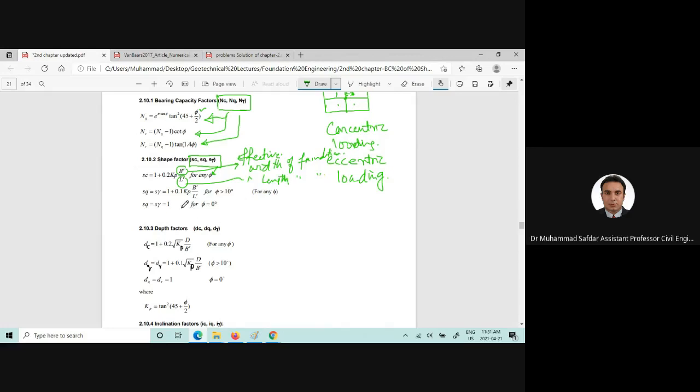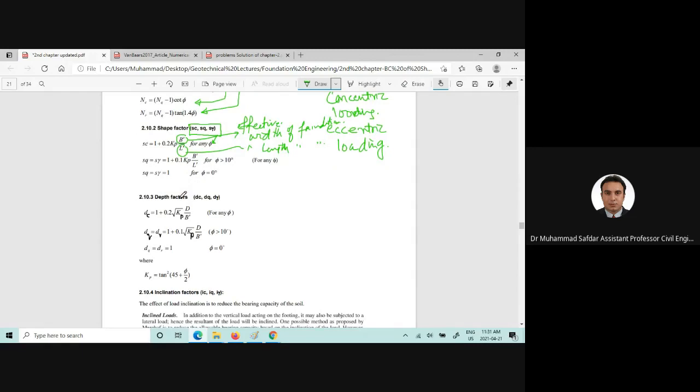Okay. Now Kp is the lateral earth pressure coefficient in passive condition, and you can find out the Kp using tan squared of 45 plus phi by 2, and that phi we can obtain from the direct shear test, or we can find out using the triaxial test.